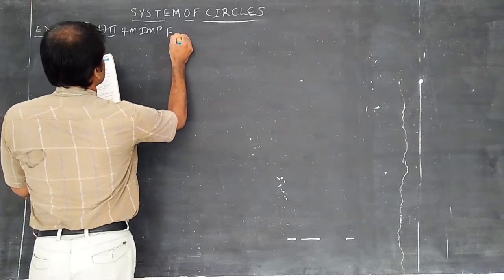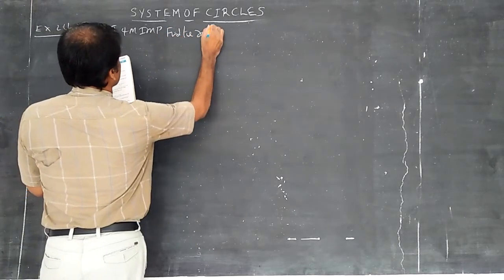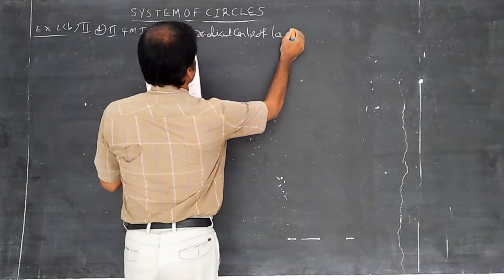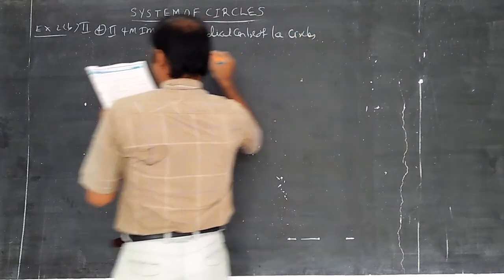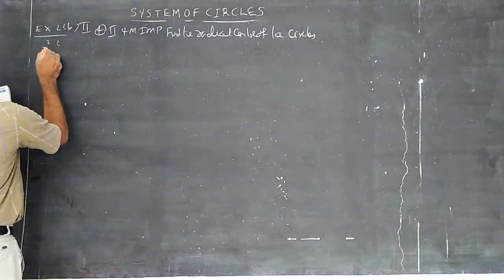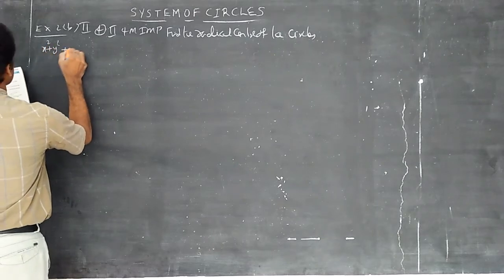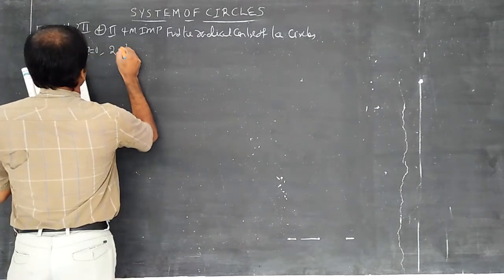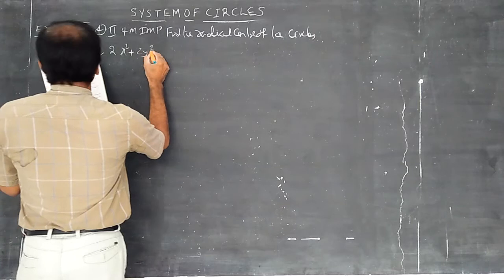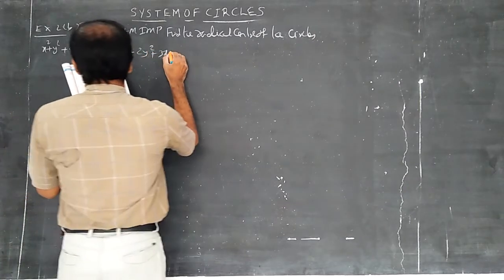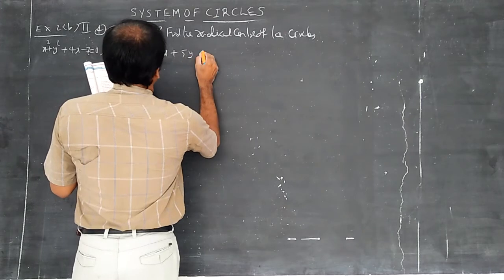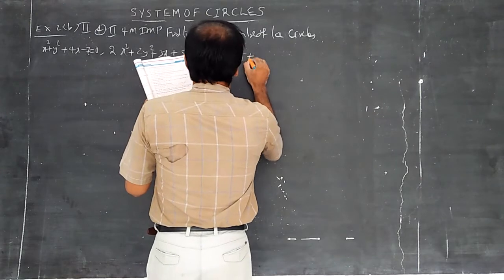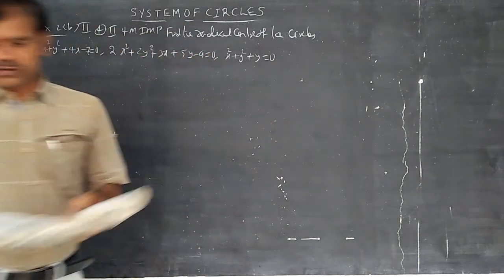Find the radical center of the circles x square plus y square plus 4x minus 7 equal to 0, comma 2x square plus 2y square plus 3x plus 5y minus 9 equal to 0, comma x square plus y square plus y equal to 0 simply.